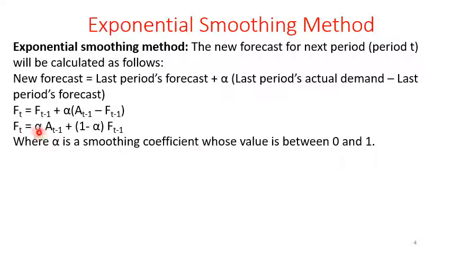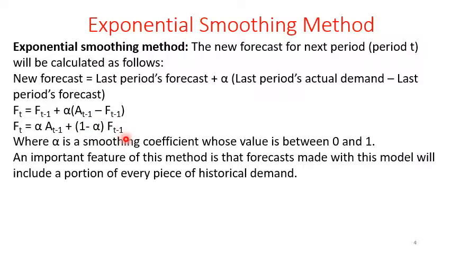The forecast for the next period will be equal to alpha into the actuals of the previous period plus 1 minus alpha times the forecast of the previous period. So you multiply the actuals of the previous period with alpha, and add it to 1 minus the exponential smoothing constant into Ft minus 1.